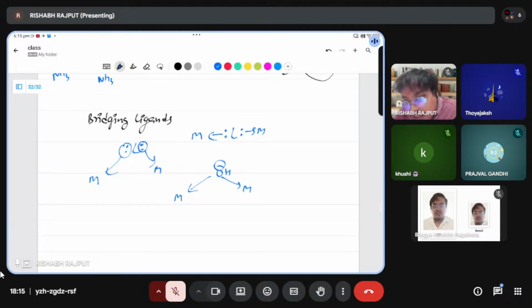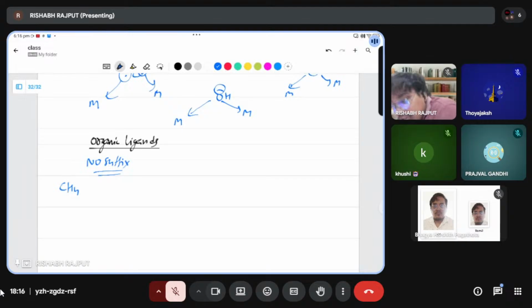Suppose you have methane. Methane can never be a ligand. But if you take one hydrogen from methane, it becomes CH3, the methyl group, so now you can take the electron as a covalent bond. If I use CH3 negative in a coordination compound, I can use the IUPAC name without any suffix.